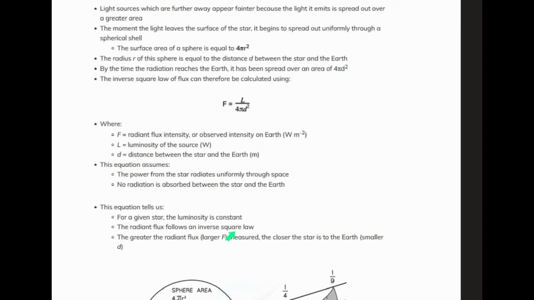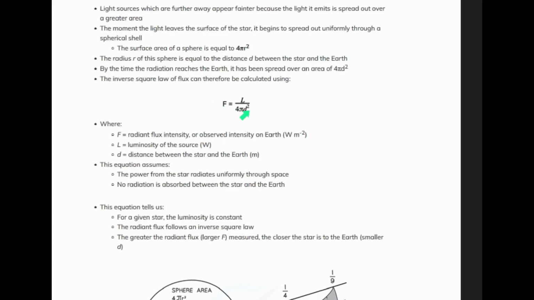Inverse square law means they have this kind of relation. You see there's a square there. So the greater the radiant flux, that means the larger the F measured, the closer the star is to the Earth, that means the smaller the D. Which is kind of reasonable. If F is big, then D should be small.